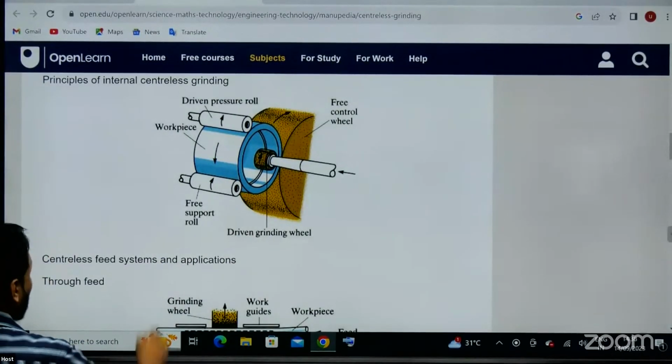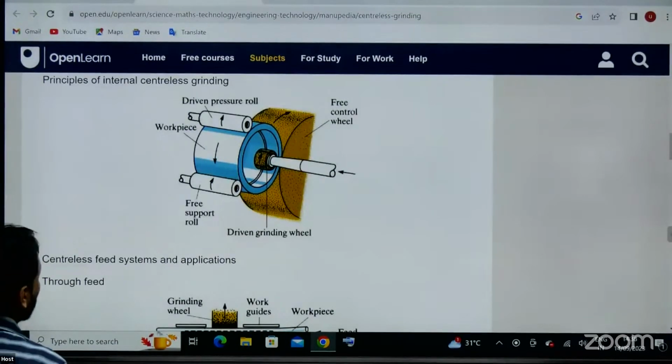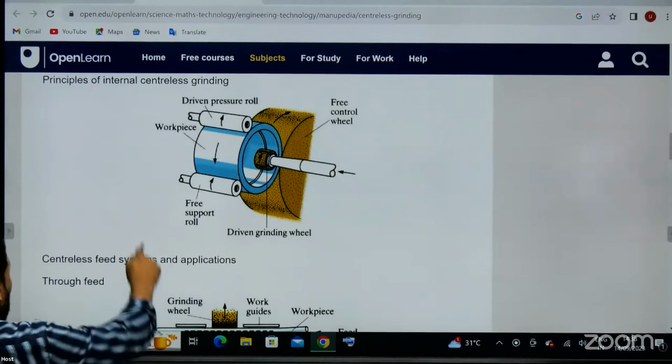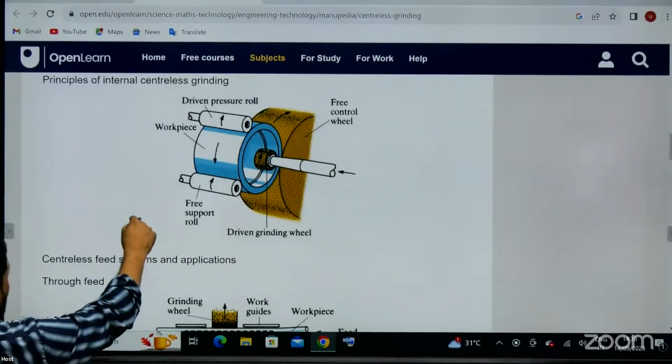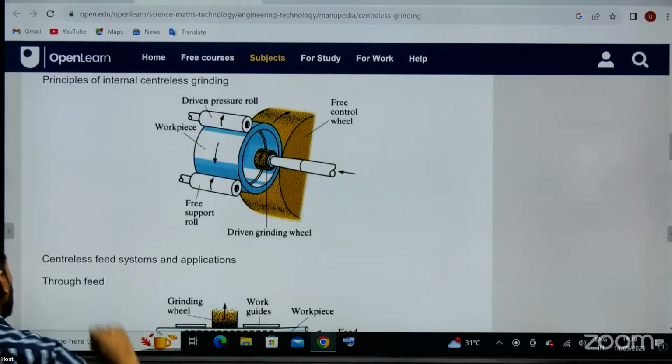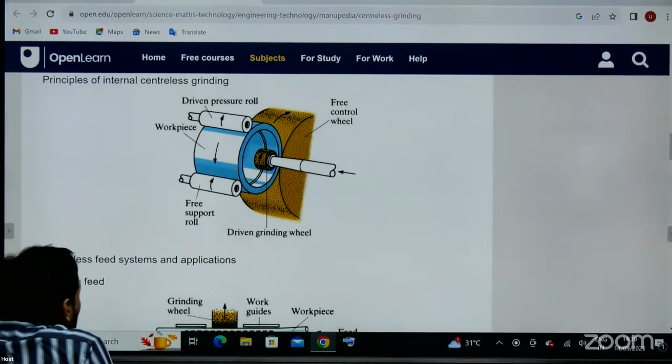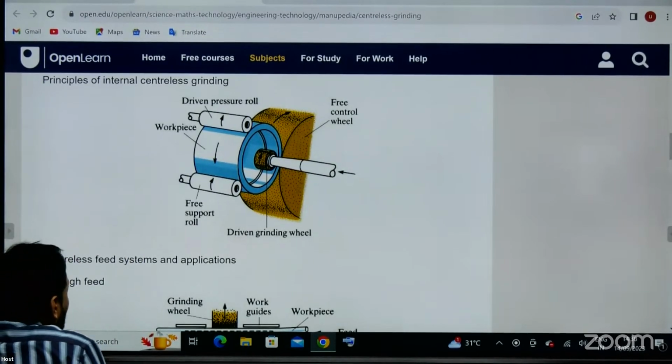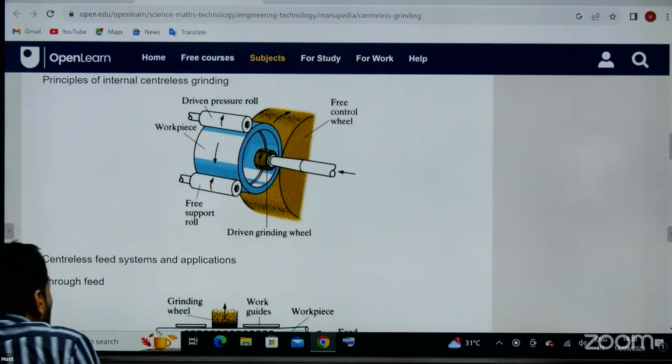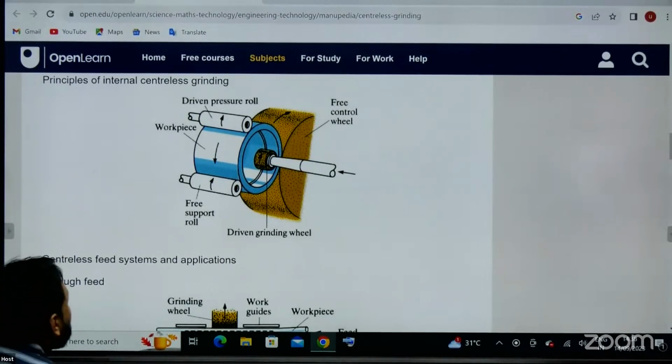Up and down, you can see a pressure roll and a support roll have been provided. And internally the grinding is going on. Here also the same principle acts.